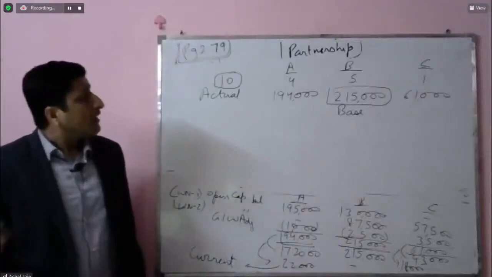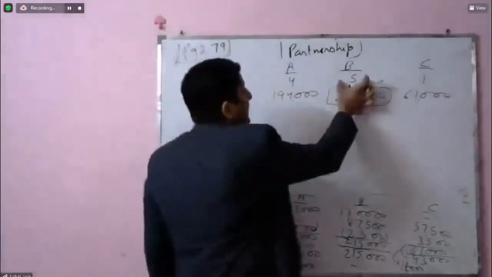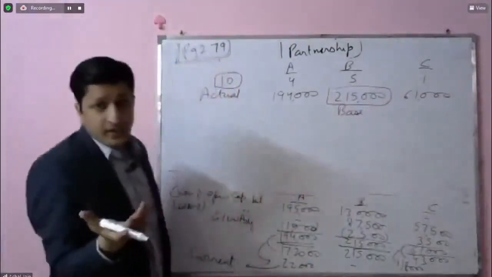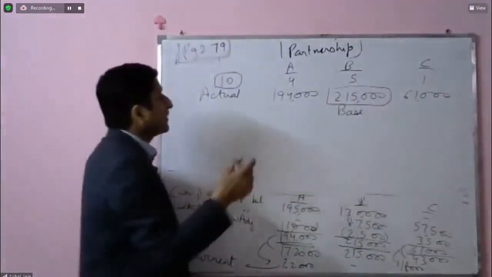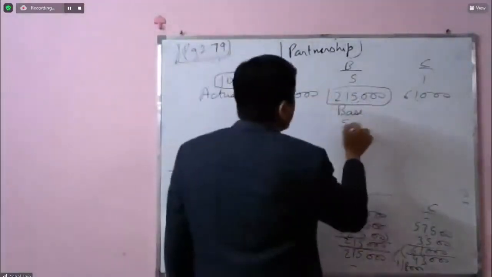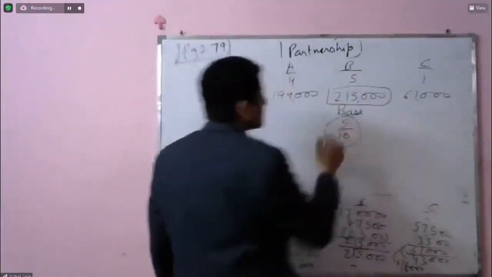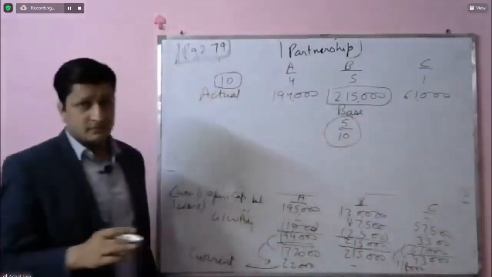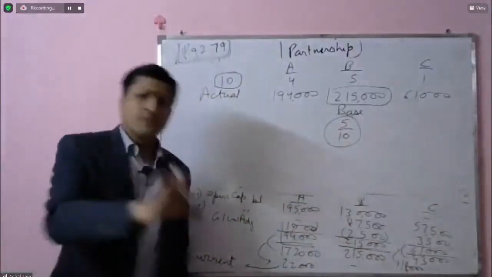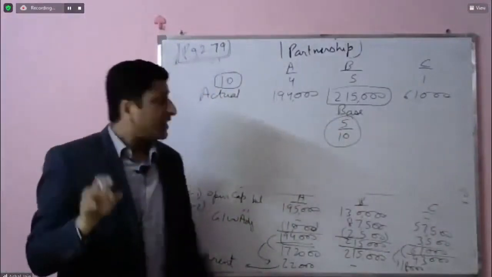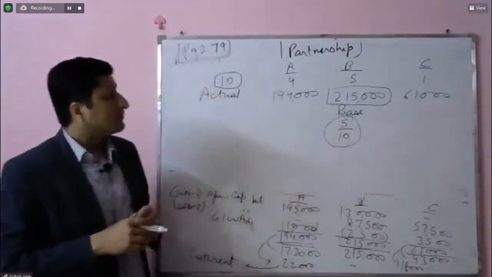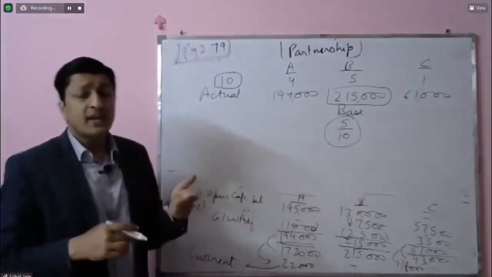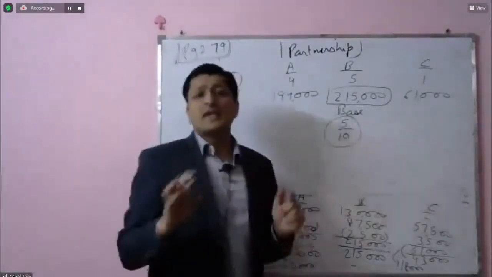Now, B is holding half of the capital. Why do we say this? 5 divided by 10 is the share of B, or should be the share of B, if this capital has to be kept as the basis. Correct? Or in other words, we can say what should be the total capital.